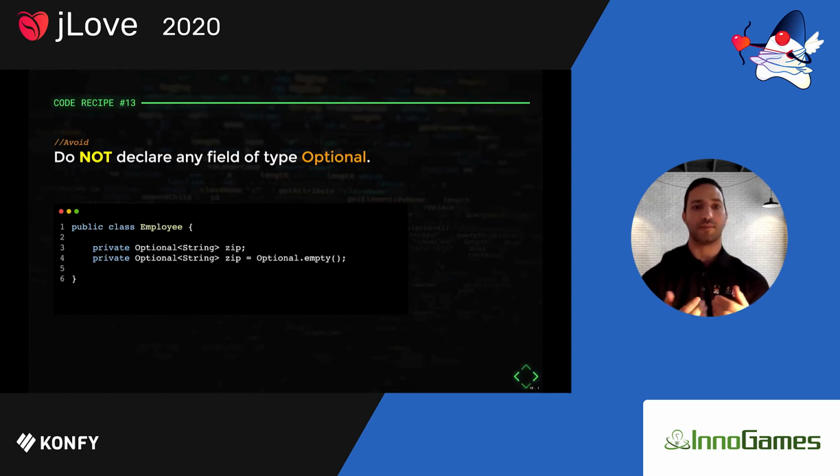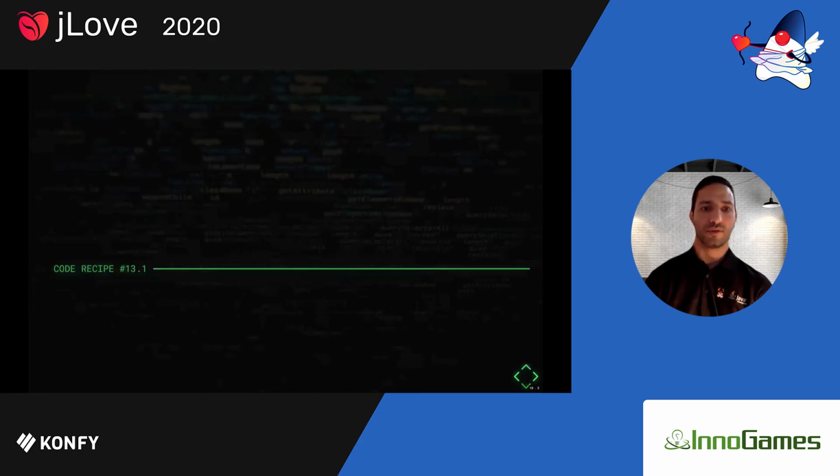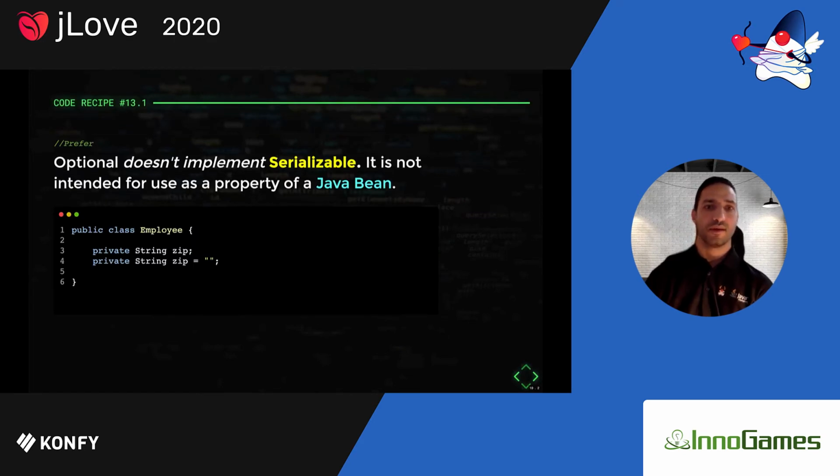And we're trying to do this because we would like to say that sometimes if the value is optional, like zip code, what we would like to do is return empty because it might exist or not. Don't do this. It's complicated. Also, you have to know that Optional does not implement Serializable.